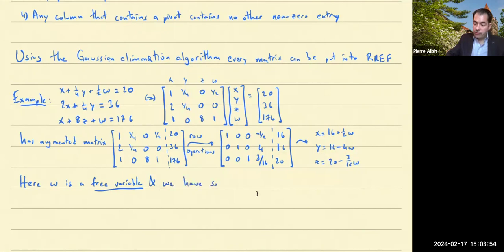And we have solved for x, y, and z in terms of w. Here, x, y, and z are pivot variables.